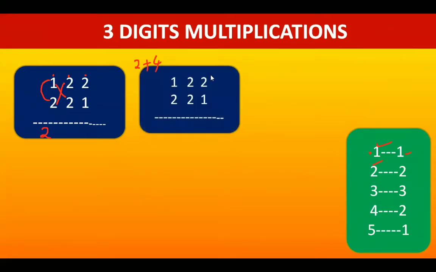I will show here the second step, so that you can understand very easily. Second step, 2 columns like this. So 1 2s are 2, 2 2s are 4. So for the second step, you got the answer 6.